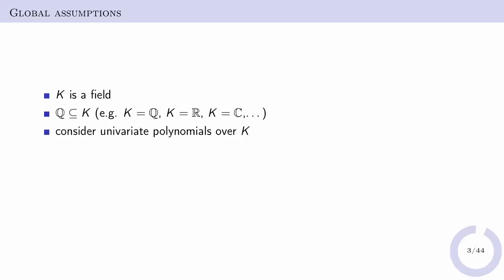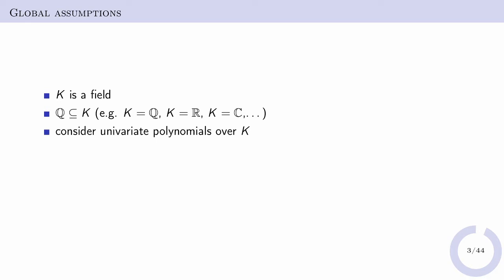We start with the notion of square-freeness, especially square-freeness of polynomials. Throughout the lecture today, we'll work under the following assumption. K will be a field that contains Q, the field of rationals.